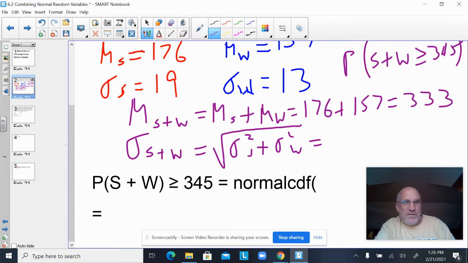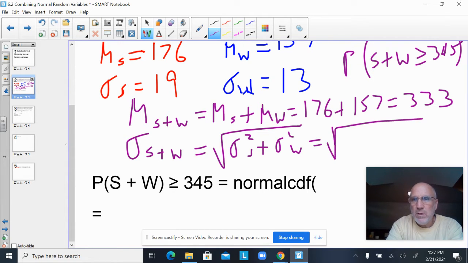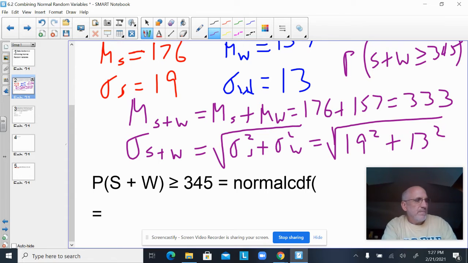So this is the square root of 19 squared plus 13 squared. I've got my calculator right here. If I do 19 squared plus 13 squared, I get 530.